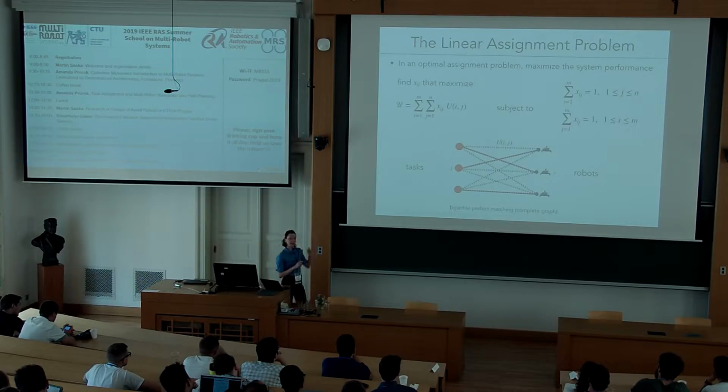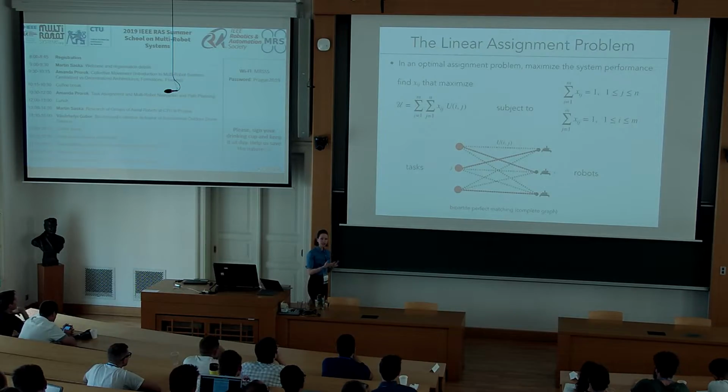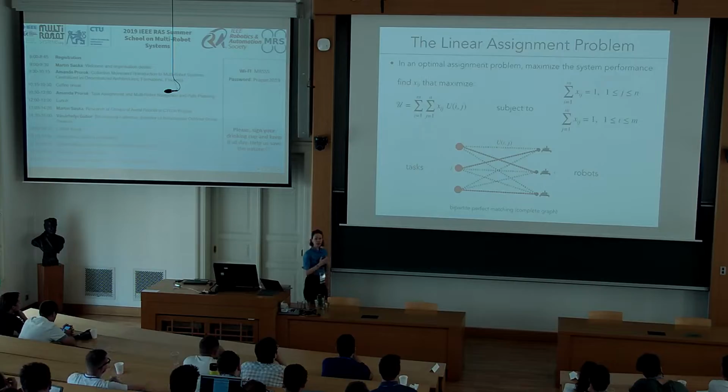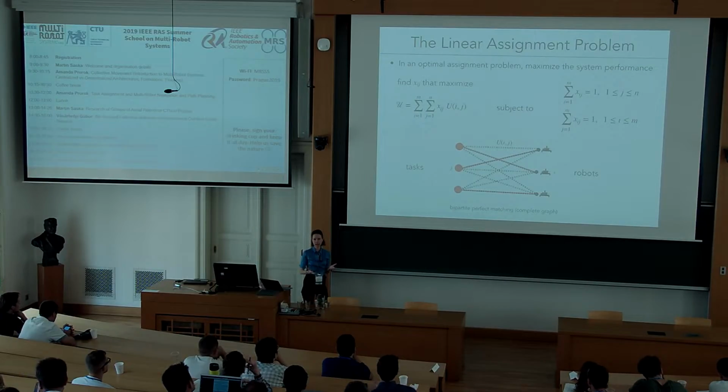The important bit here is this variable xij, which is an element of an assignment matrix, say, capital X. And xij is nothing more than a binary variable: if it's a 1, then I'm assigning robot i to task j, and if it's a 0, I'm not assigning robot i to task j.